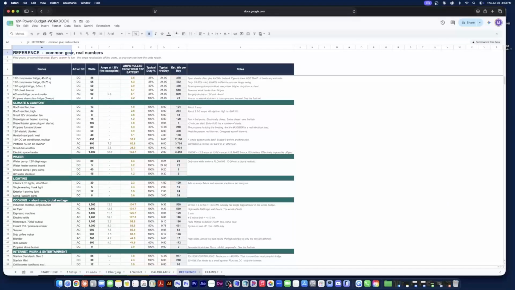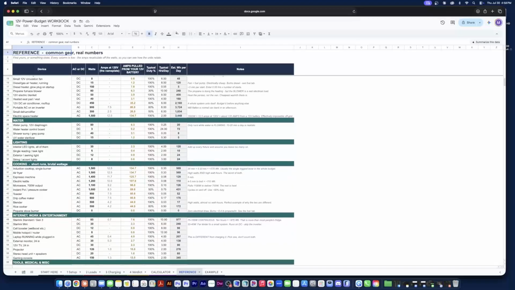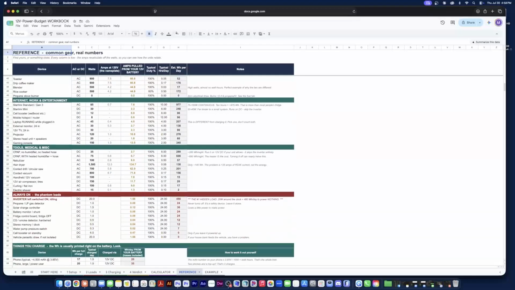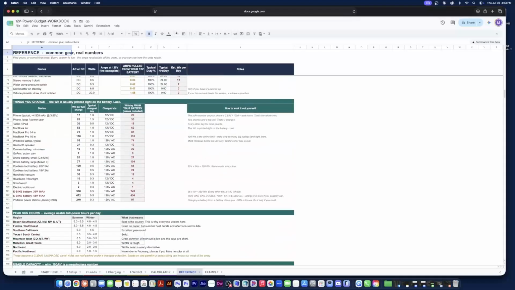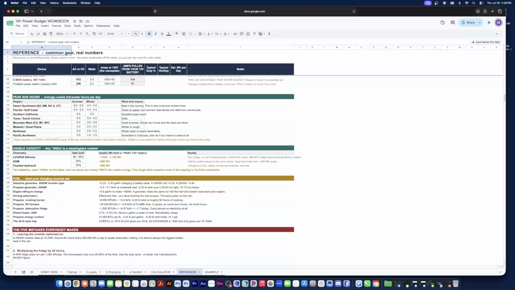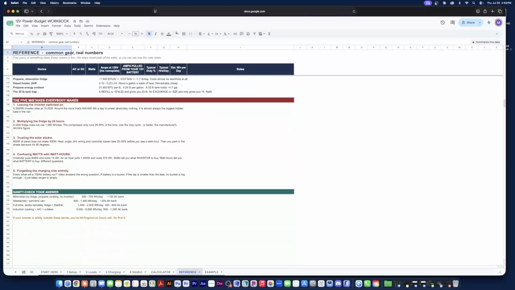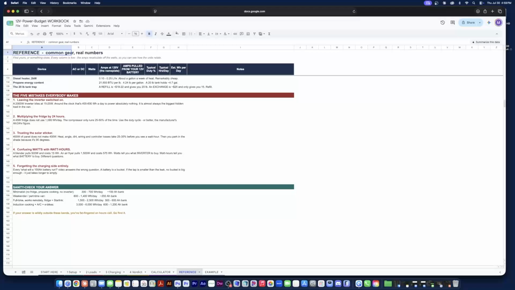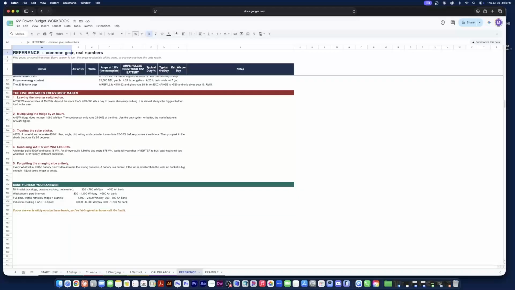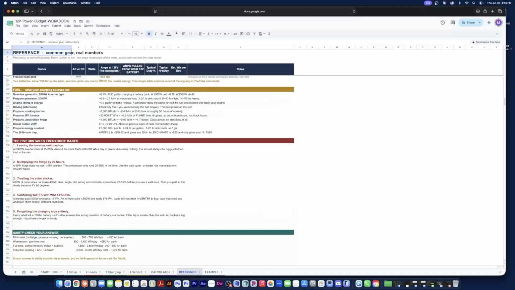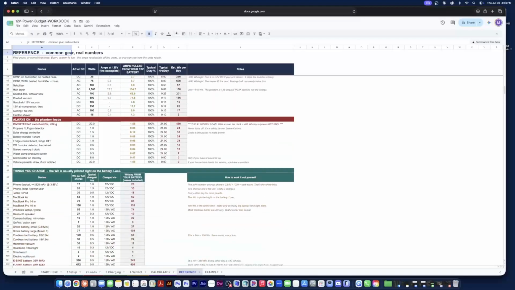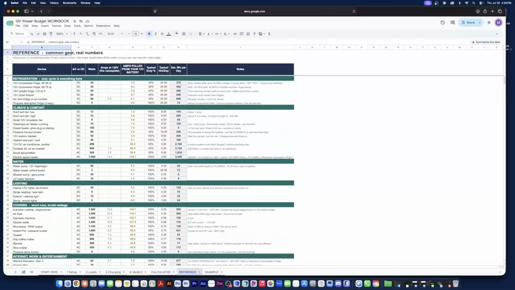The reference tab gives you all kinds of different devices, all kinds of different categories down through here of what your typical draw would be on that. It also gives you a lot of things to think about, a lot of information. It's good information just to read through.